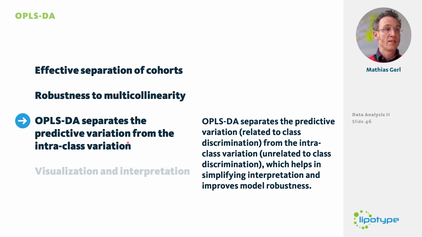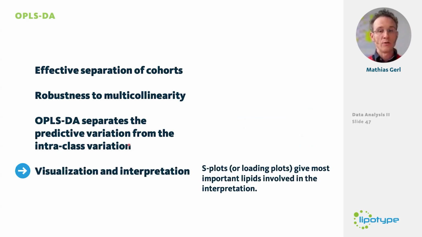OPLS-DA separates the predictive variation, so what is actually in your lipidome distinguishing between the two cohorts, from the variation that is within the cohorts, so intra-class here. And you have visualization and interpretation techniques that you can use.